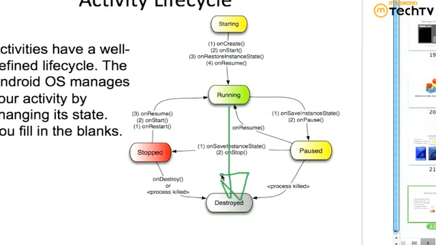Yes, exactly. So it turns out that going from here to here is actually pretty, let me draw it like this, so this here is pretty costly, right? There's a lot of work that needs to happen to go from starting to running. If our activity doesn't exist, we may have to create a new Linux process.